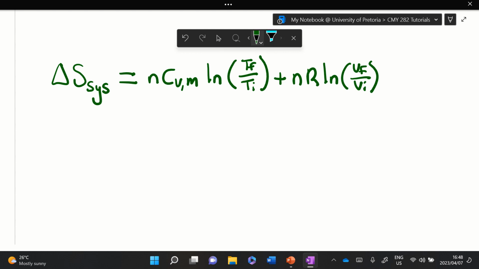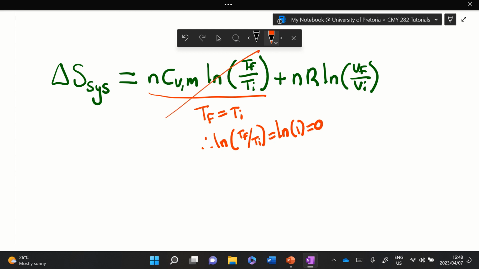But in this case, it is isothermal, so Tf is equal to Ti. In other words, the ln of Tf over Ti would be the ln of 1, which is 0. So that first term becomes 0. That's why we're left with nR ln Vf over Vi, the entropy change for the isothermal expansion of an ideal gas.